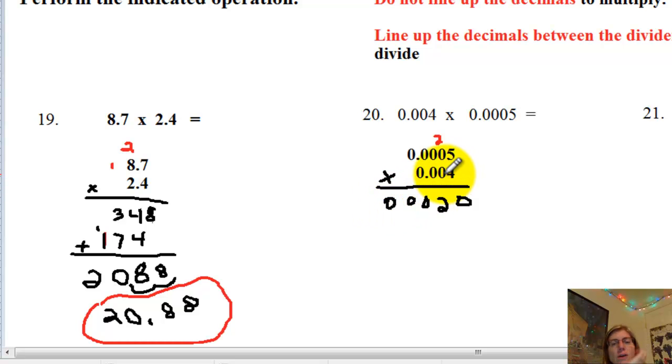Alright, let's work on the 0. 0 times any number is 0, so I'm going to put a 0 here. That's 1, 2, and then I'm going to do 3, 4, and 5. So I'm going to just put 5 zeros in. And then I have another 0, so I put in 5 more zeros, because any number times 0 is 0.